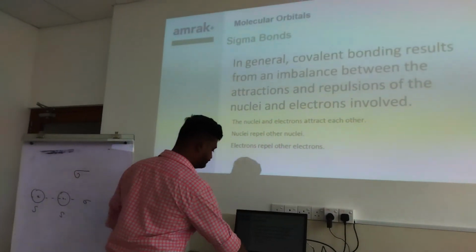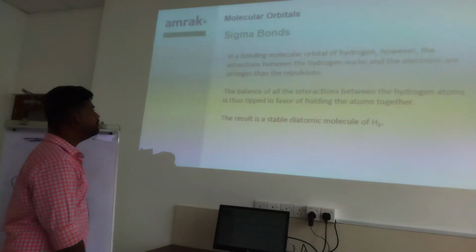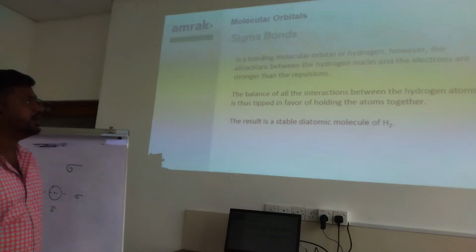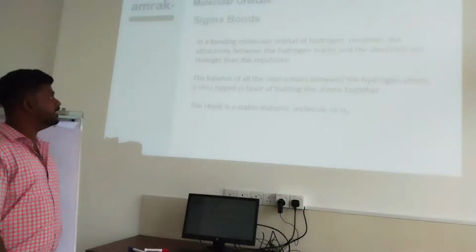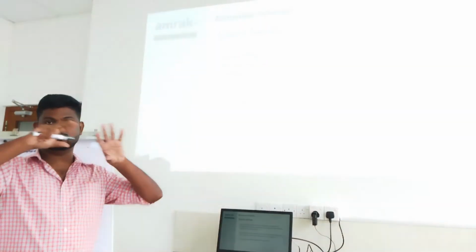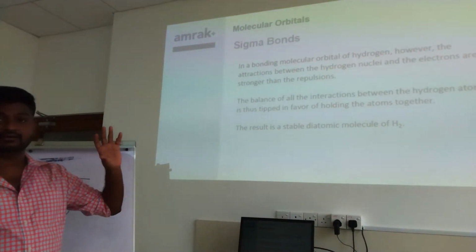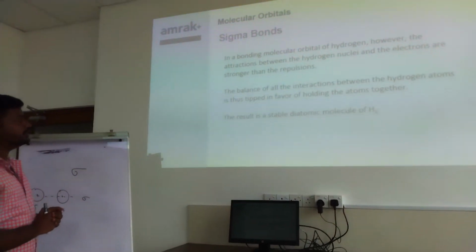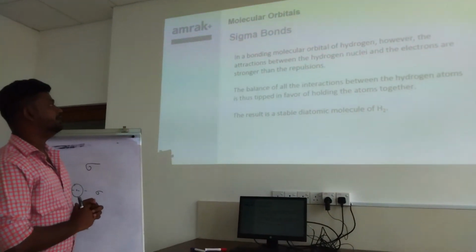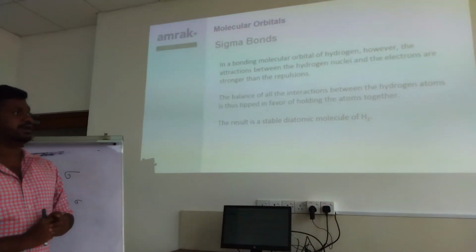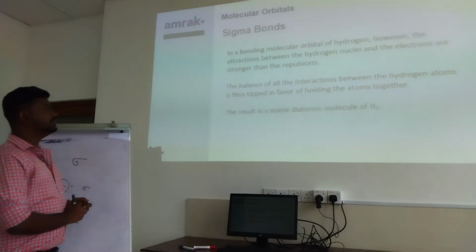In bonding of hydrogen, however, the attractions between hydrogen nuclei and the electrons are stronger than the repulsions. So the balance of all the interactions between the hydrogen atoms is thus tipped in favor of holding the atoms together. Right? So the result is a stable diatomic molecule of H2.